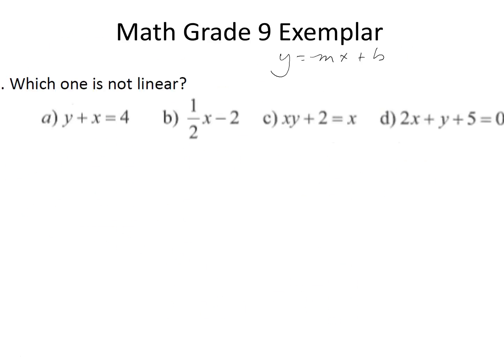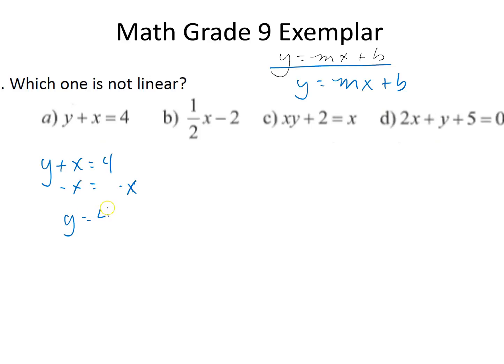The next problem, which one is not linear? You know it's linear when it looks like this: y equals m times x plus b. In A, y plus x equals 4. I subtract x from both sides and I get y equals 4 minus x.